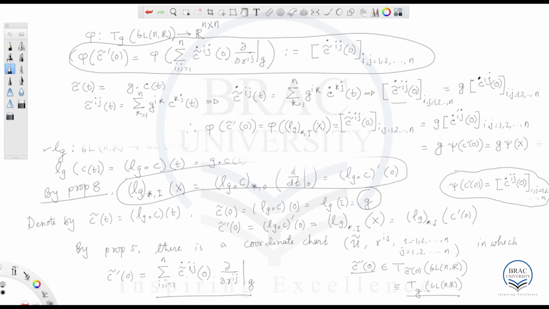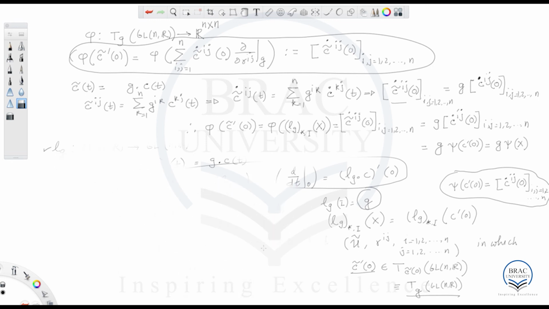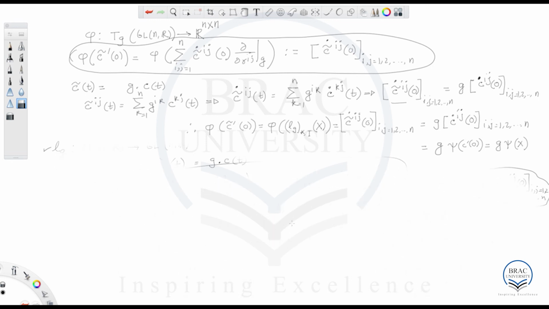So what did we find finally? We found that phi of L_g star comma I acting on x is equal to g times psi of x.